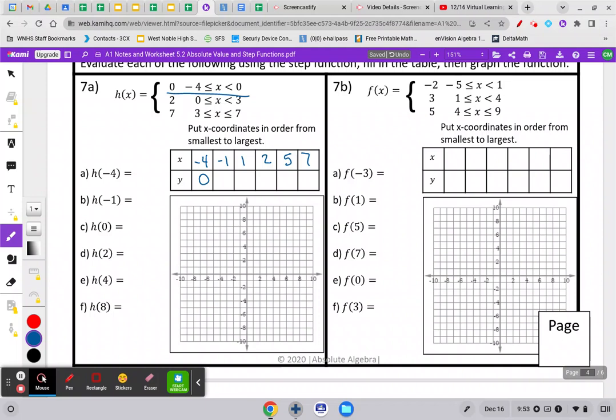X is negative 1 in the same range, so y value is 0. Positive 1 is in this range, so 2. 2 is also there, so 2 again for our y value. And then for x is 5 and 7, our y values are 7.